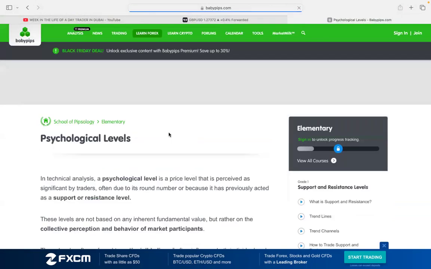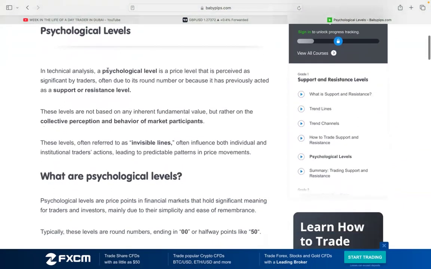Okay, cool. Now I hope we are all together. Let's read this together. Psychological levels. In technical analysis, a psychological level is a price level that is perceived as significant by traders, often due to its round number or because it has previously acted as a support or resistance level.